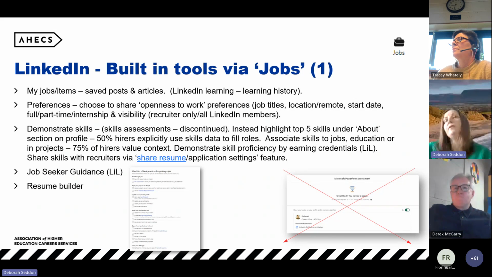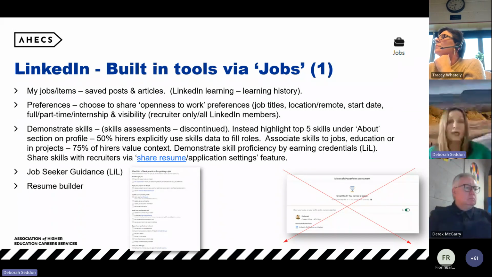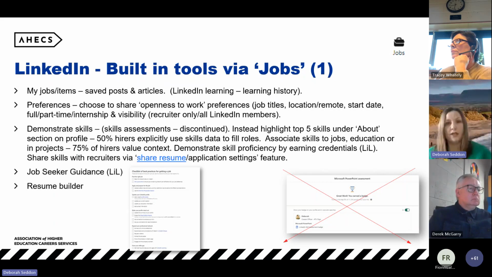The resume builder is something that I use too. I would use the resume builder for students to be able to see how the detail that they've put into their LinkedIn profile is reflected within a resume or CV format. And sometimes that's easier. I find some students can see more gaps when they do that.